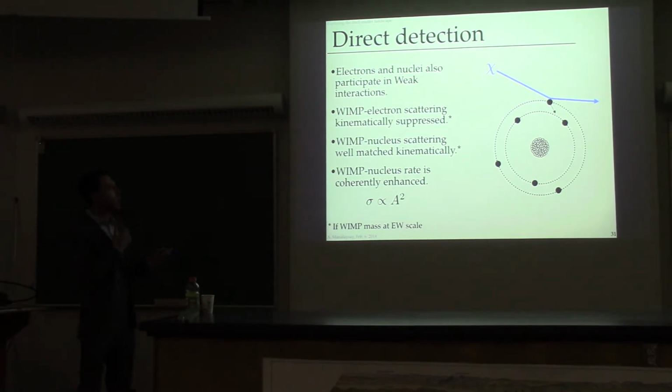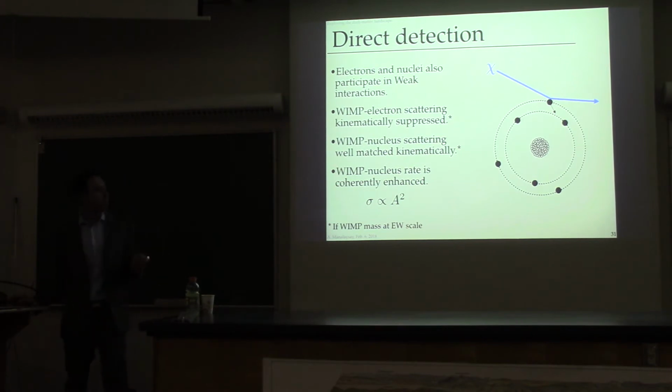But the problem is that this is sort of kinematically suppressed. If this is a particle that has 100 GeV in mass, and here's a particle that has half an MeV in mass, there's not so much possibility for this thing to transfer too much energy to the electron. So this process is possible, but it's kinematically suppressed.